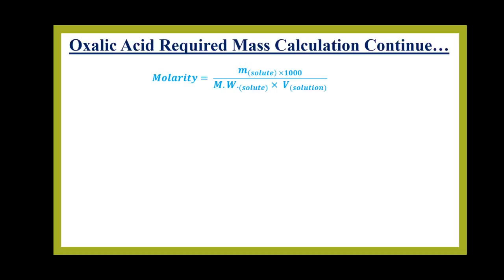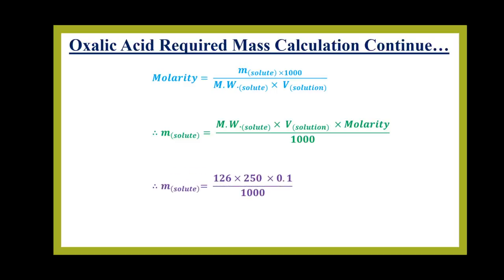Here molarity, molecular mass, and volume of solution, we know all terms. Only the mass of solute is unknown, so we can rearrange the formula. Mass of solute equals molar mass of solute into volume of solution into molarity of solution, divided by 1000. Replace all the terms and simplify that.